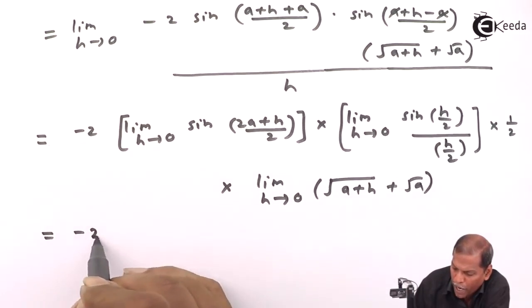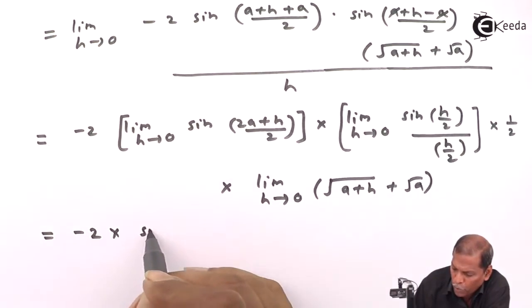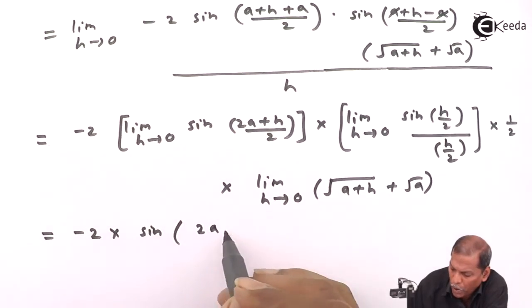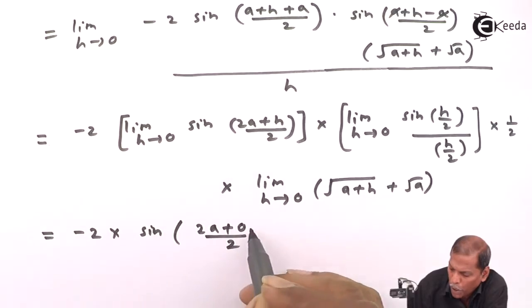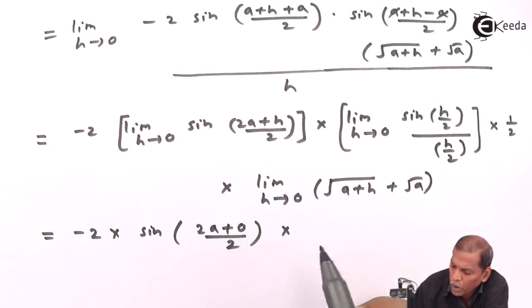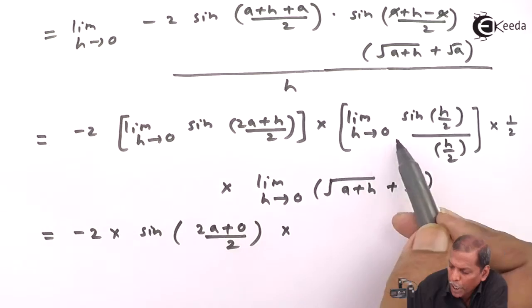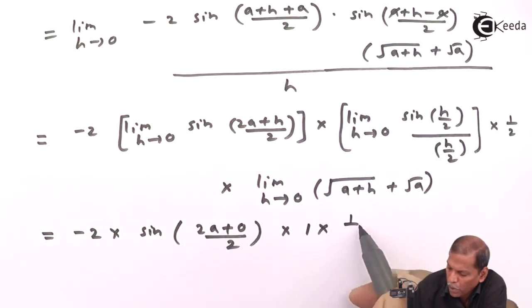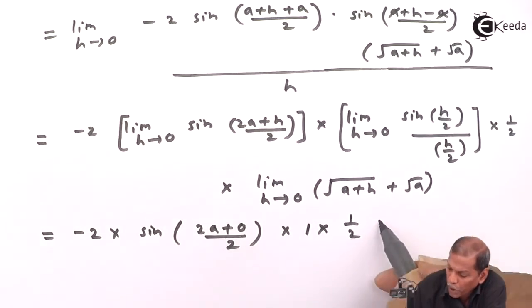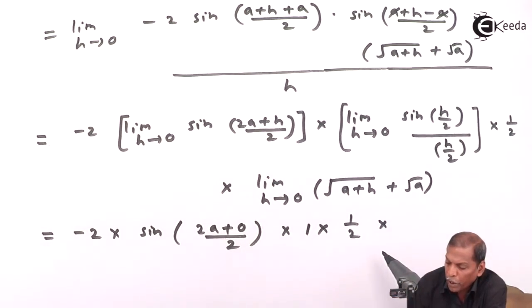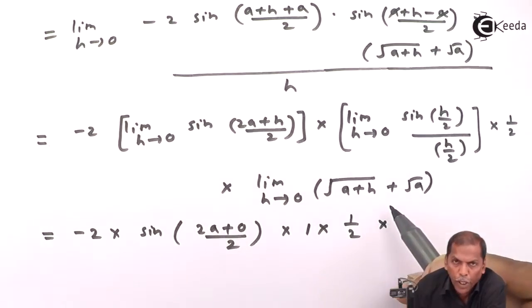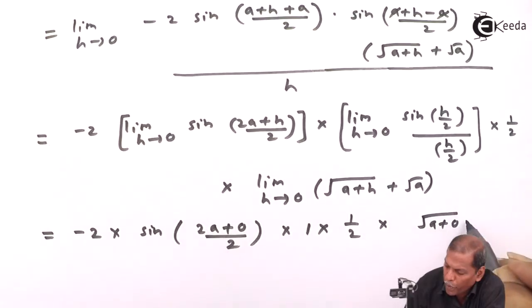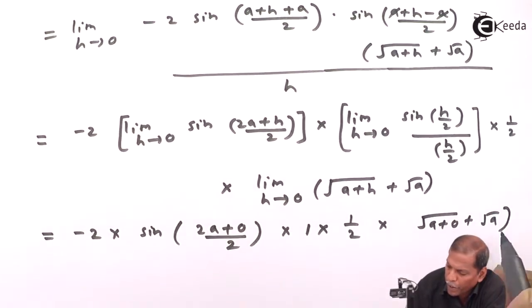So that is equal to minus 2 into, whenever we put h equal to 0, sine of (2a plus 0) upon 2, into limit h tends to 0 sine of h by 2 upon h by 2, that gives 1 by the rule, into 1 by 2, into, now in the third bracket we substitute h equal to 0, so we have square root of a plus 0 plus square root of a.